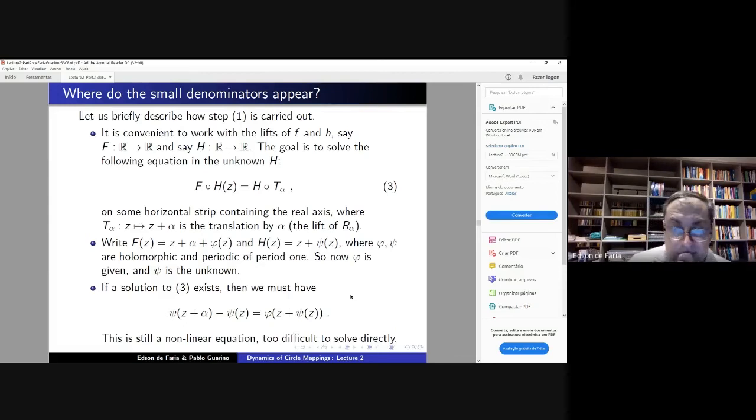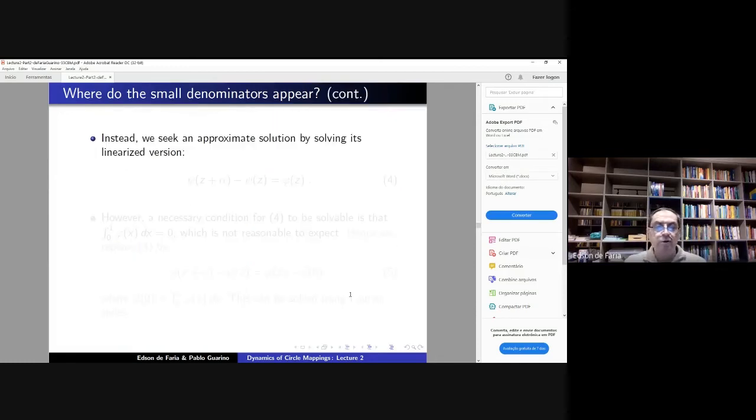So what you do is you get rid of this term z plus psi of z. You can expand this, using Taylor's formula for phi, to write the linear term plus higher order terms, and you ignore the higher order terms. So what you're really trying to do is to solve this linearized equation here. Phi is given, and you want psi.